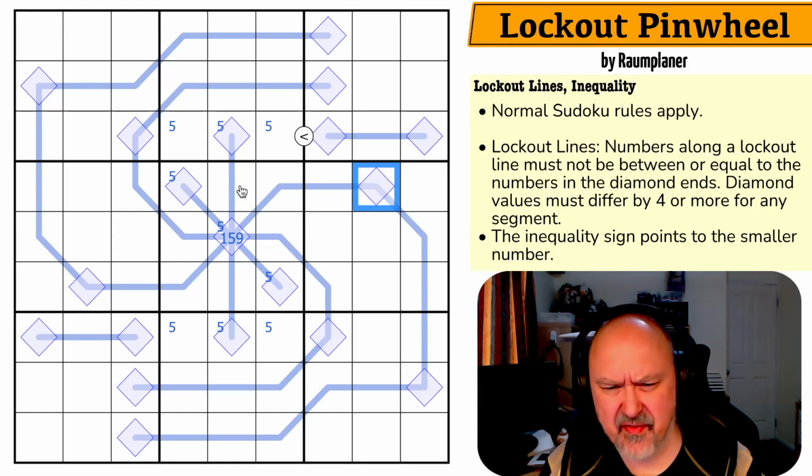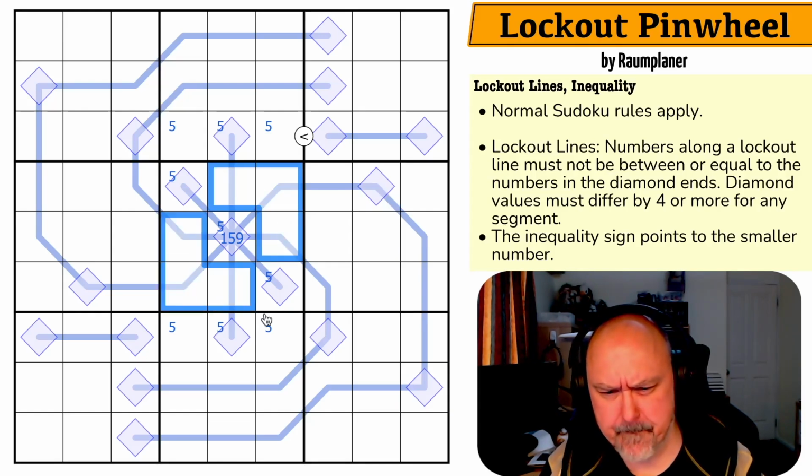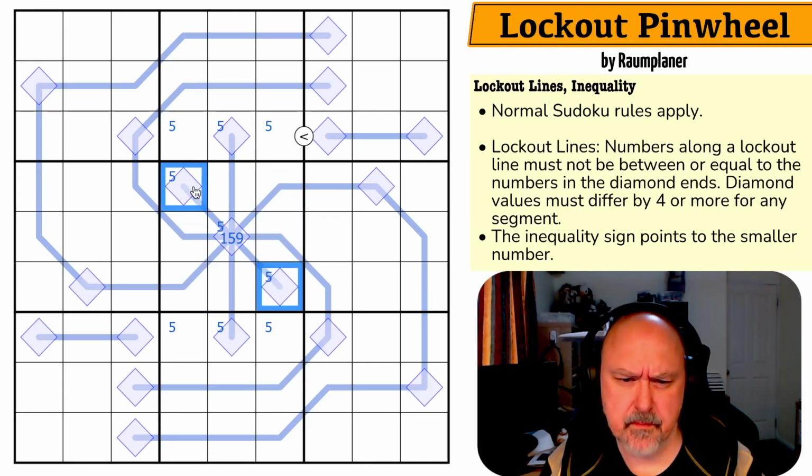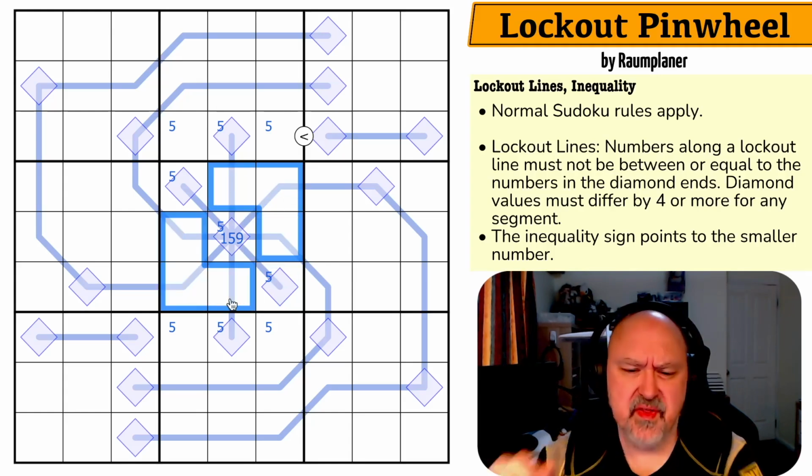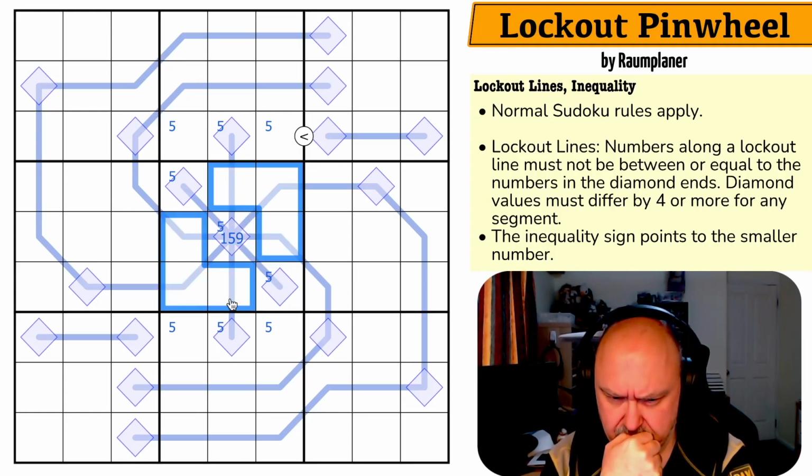Is it about where the other digits go in box 5? Because if I put a 5 off to the side and put a 9 in the middle, where do I put the 8 in this box?